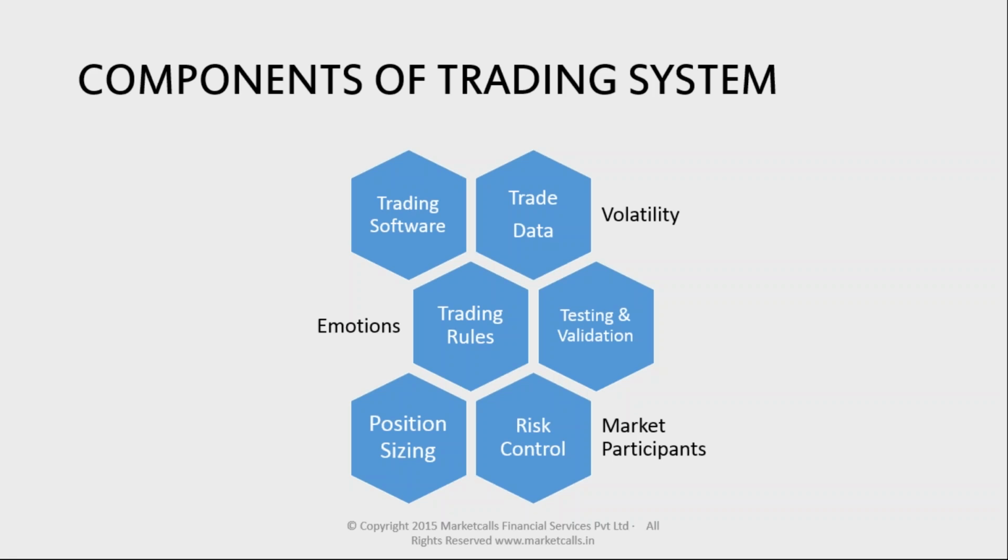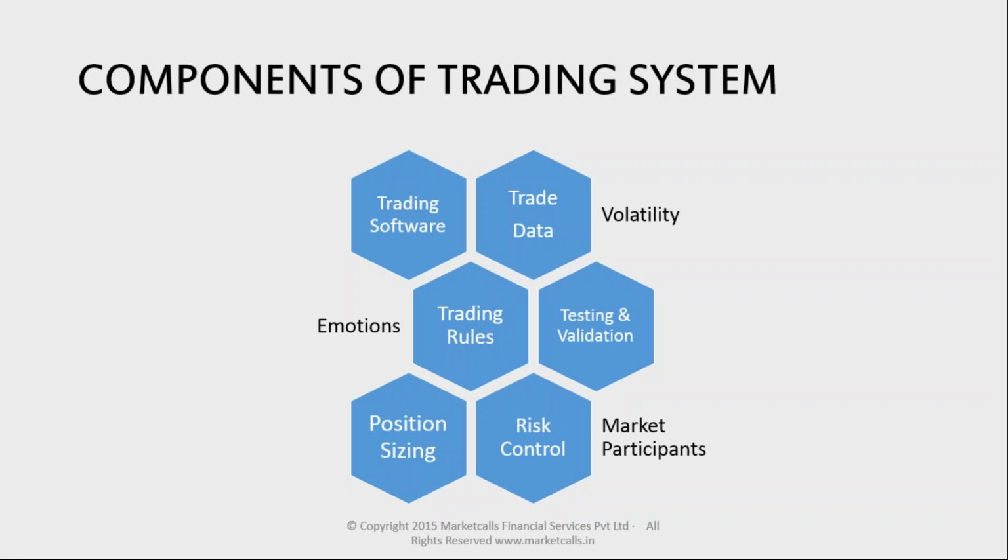So if you want to get a real edge, the trading software is not going to give you any real edge here, because you can implement the same trading rules across software like AmiBroker or NinjaTrader or any other platform. The software alone is not going to give you any edge, because the same rules can be implemented across any other software, right?